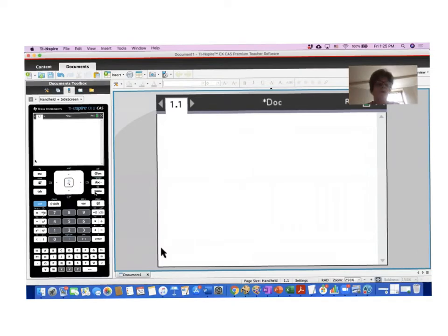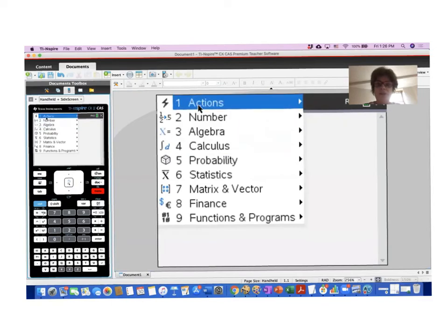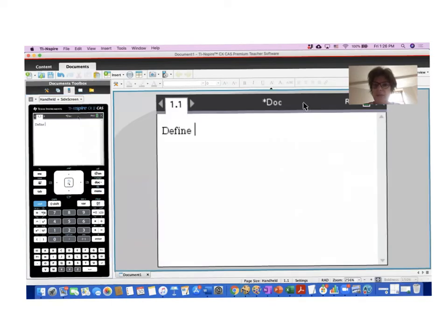And now the home screen with the calculator, not the calculator scratch pad, but the icon that has a 4-function calculator. So we go to menu and we go to actions and we hit define. And here we can define complicated functions. So we have f of x equals x times, and if there is multiplication, I always put the times sign.